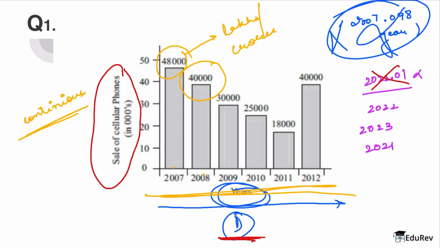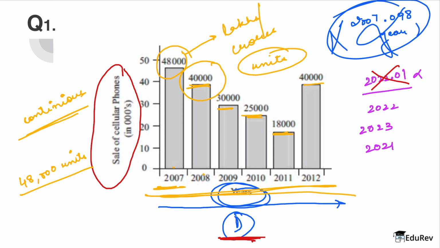It's not given in the table. Maybe it's not required or something like that. But let's assume 48,000 units, because it's not mentioned whether 48,000 lakhs or 48,000 crore sales happened. So let's assume that it is 48,000 units in the year 2007. Then it's 40,000, then it's 30,000, then it's 25, then it's 18, and then it's again 40,000.